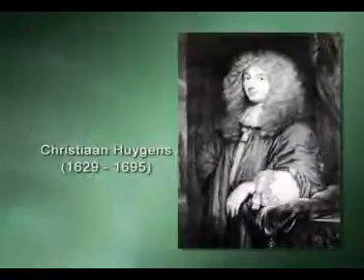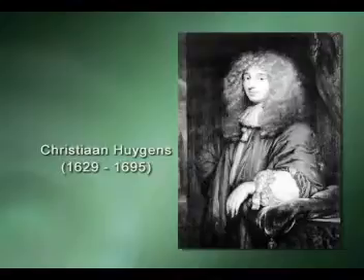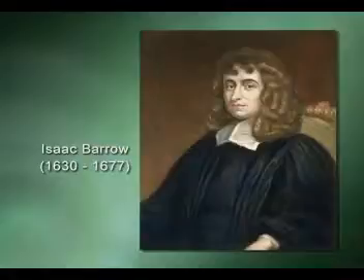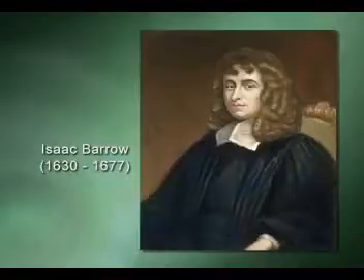The Dutch mathematician and physicist Christian Huygens did a lot of work with derivatives, as did Isaac Barrow, who was Isaac Newton's professor. In fact, the story is that when Isaac Barrow identified Newton as being so talented, he gave up his office to Isaac Newton at Cambridge.